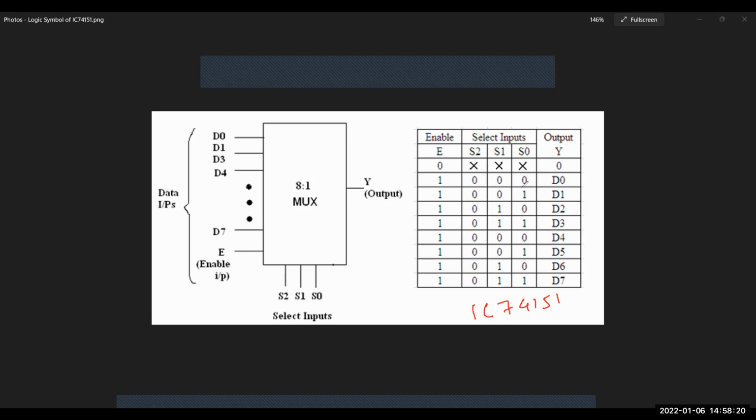So this is the truth table and the logic symbol of IC 74151. Now I will share the logic diagram of IC 74151, the 8:1 multiplexer.